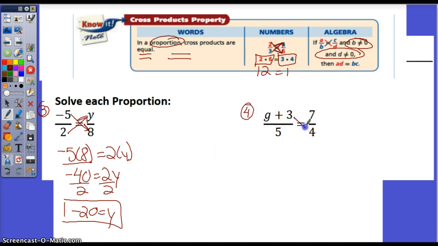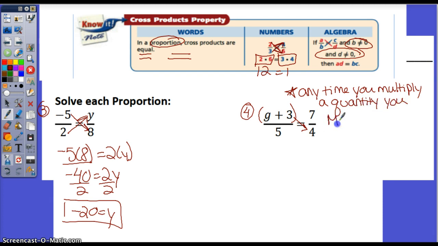Now number 4. We have this whole quantity. Anytime you are multiplying a quantity, put parentheses. Write yourself a star. Anytime you multiply a quantity, you must put parentheses around it.